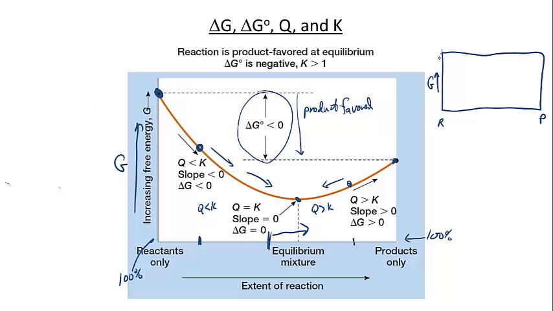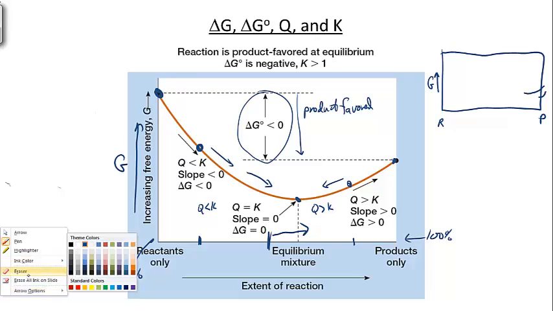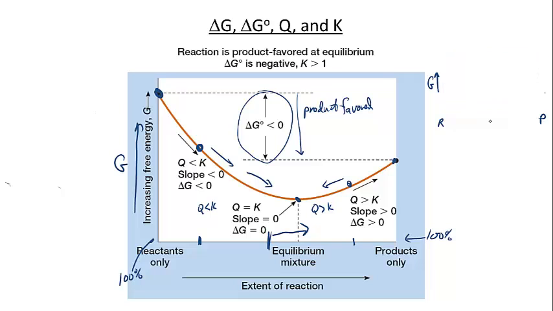A system that was much, much more highly product favored would be, well, when you get near the edge, the pen thinks for itself. So a system that is very heavily product favored will be something like this. So the equilibrium mixture lies way towards the product side.